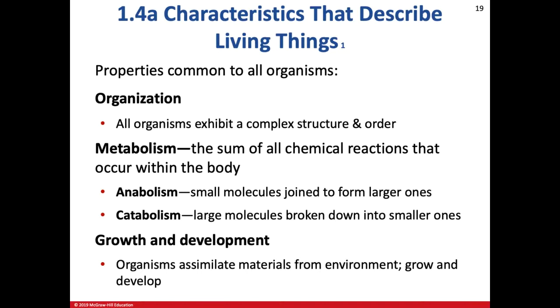Okay, and so we can divide the metabolic chemical reactions in a living thing into anabolic reactions, which take small things and make big things from them, and catabolic reactions, which tear big things apart, pull out the energy, and use that to make a form of energy that can be used to do work.